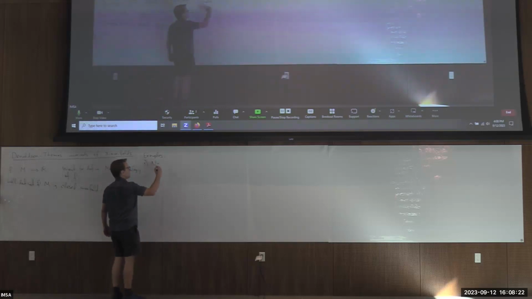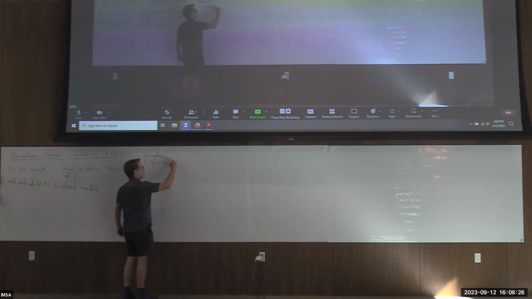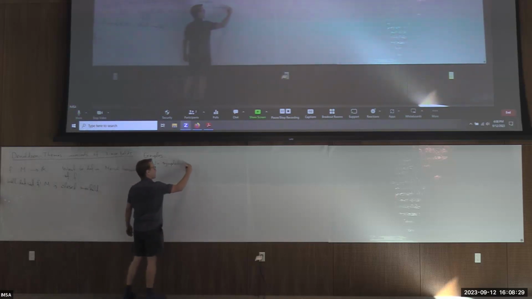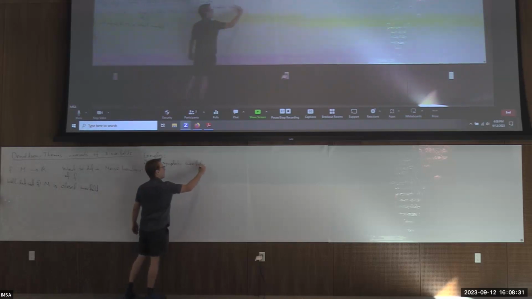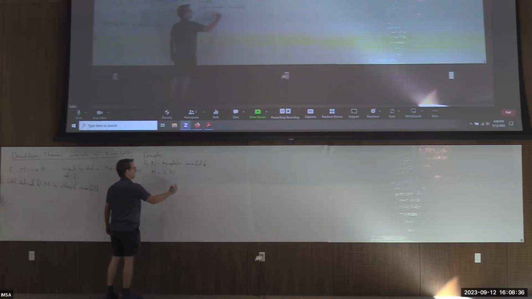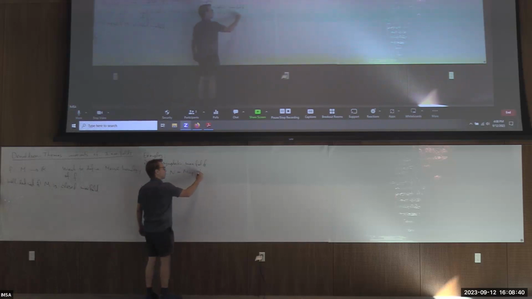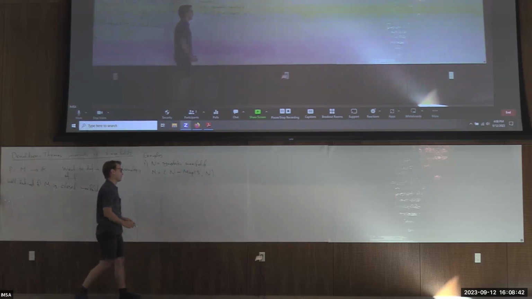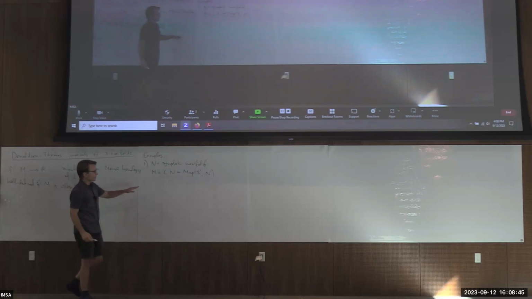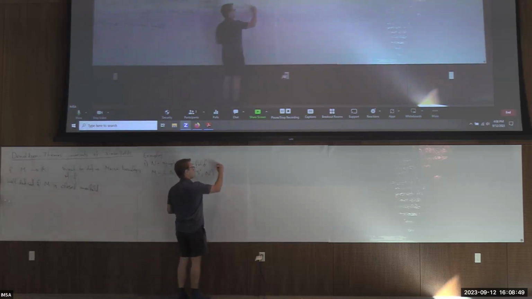You look at some symplectic manifold, and as your manifold, we look at the loop space, maybe with some potential function.